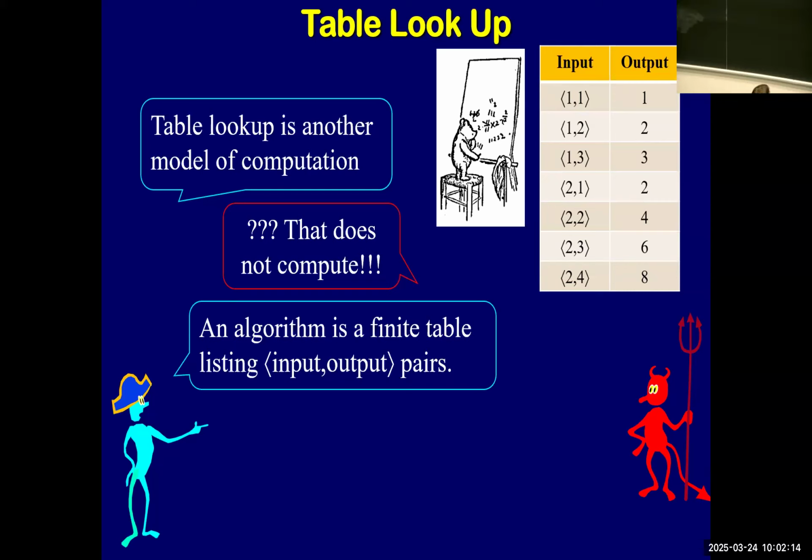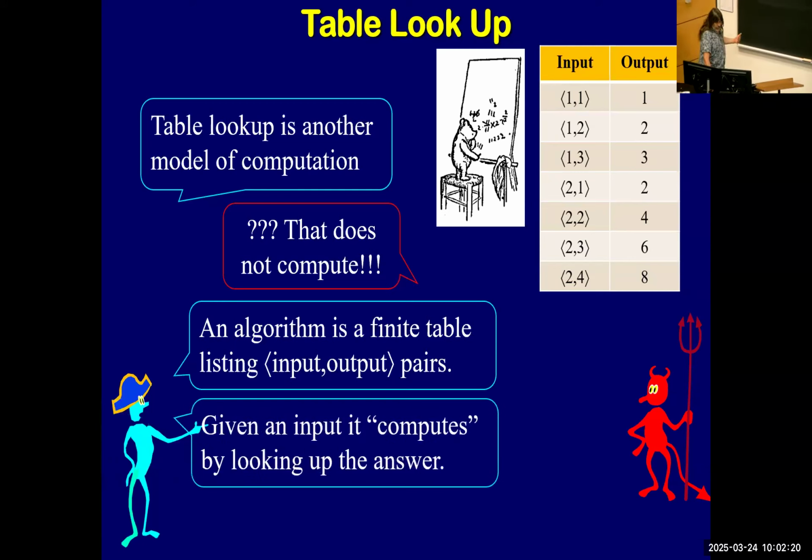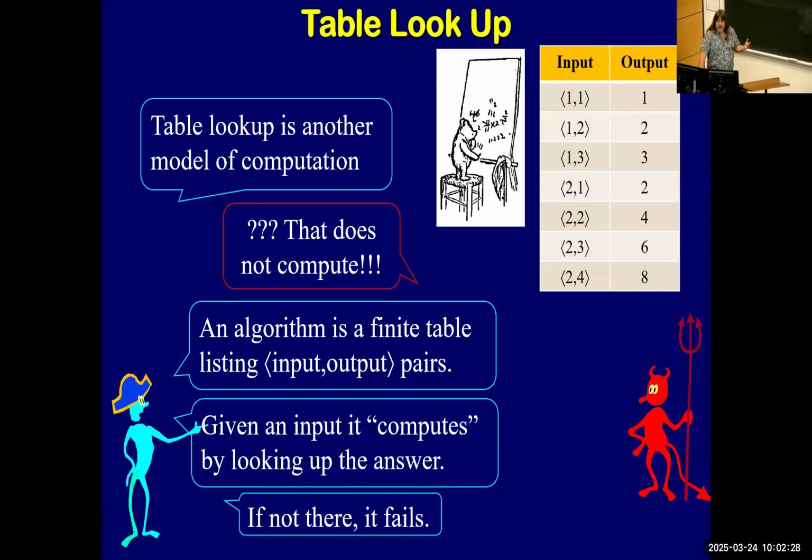So if you want to do a little matching, you can see that what this is doing is multiplying. And so how does it compute? Well, you give it an input, and it does its best to give an output. In this case, if the input is in the left column, then it outputs what's in the right column.